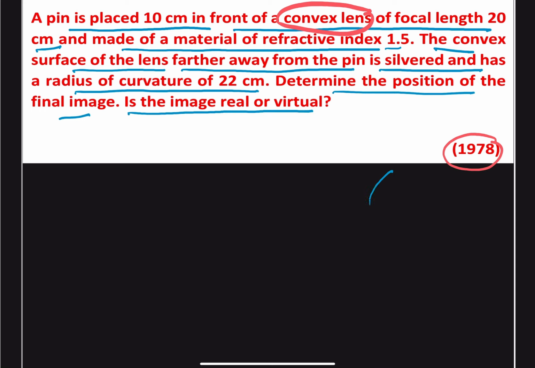Suppose this is our lens and principal axis, and somewhere here is our pin, and this pin is kept at a distance of 10 centimeter. So this distance is our 10 centimeter, and this surface is silvered.